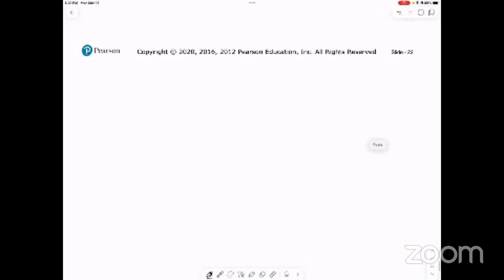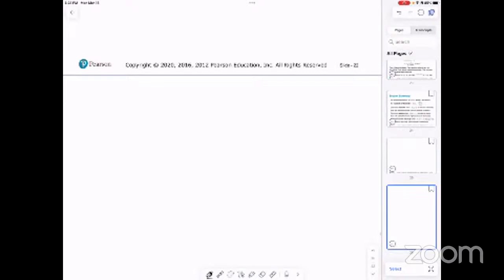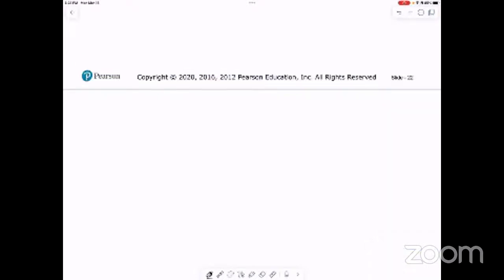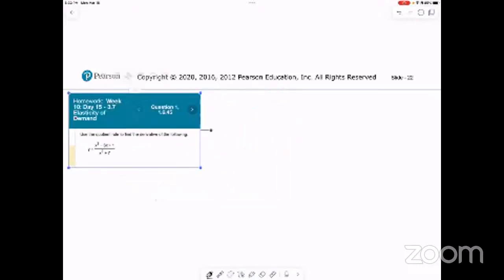I can't see the page break. There it is. Okay. All right, so I'll just use it as a reference. Man, my device does not want to respond. It's kind of struggling a bit.